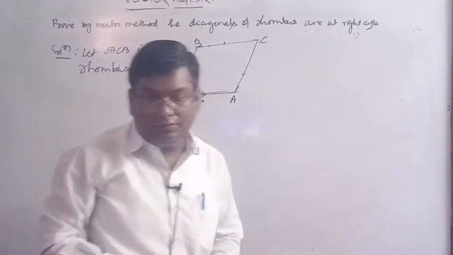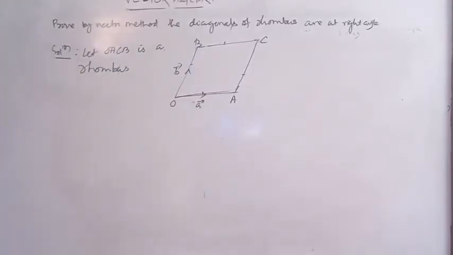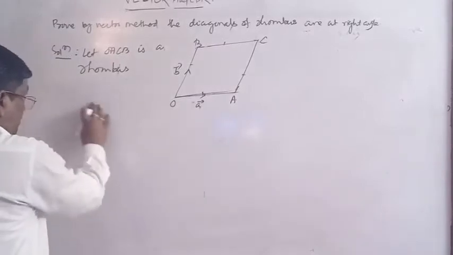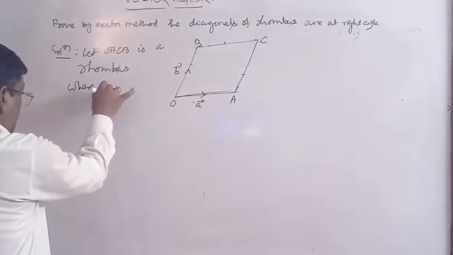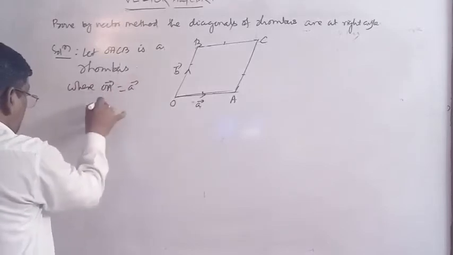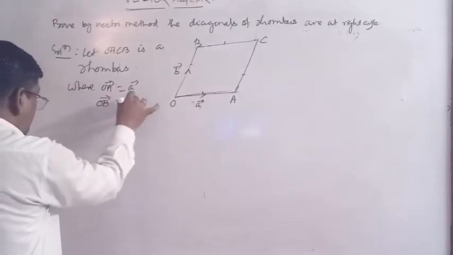Okay. So where OA vector is equal to A, OB vector is equal to B.